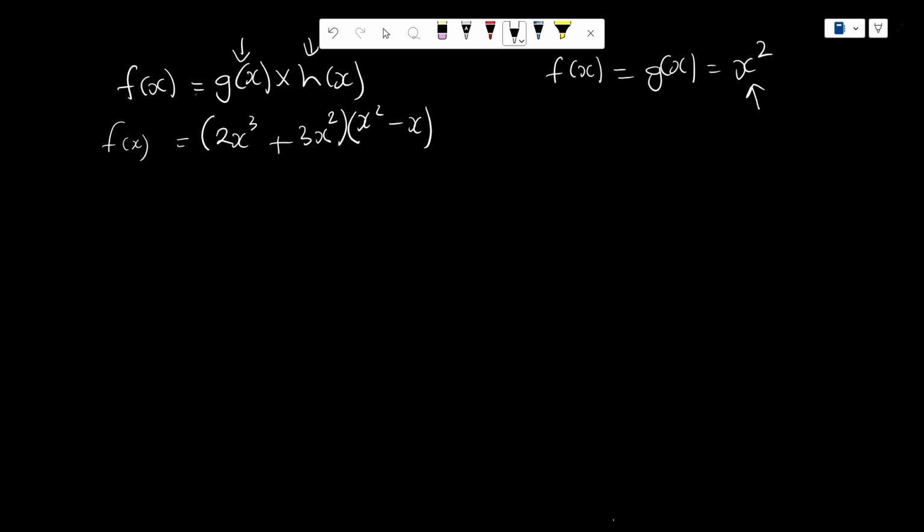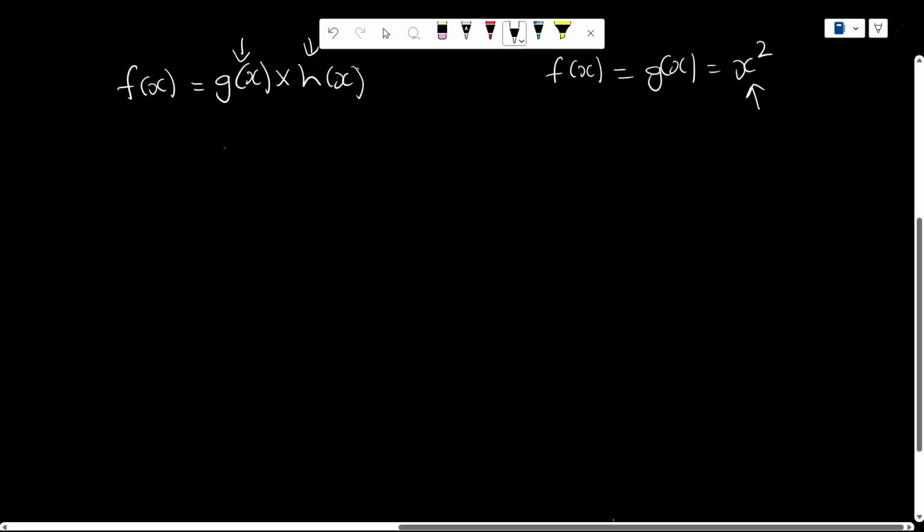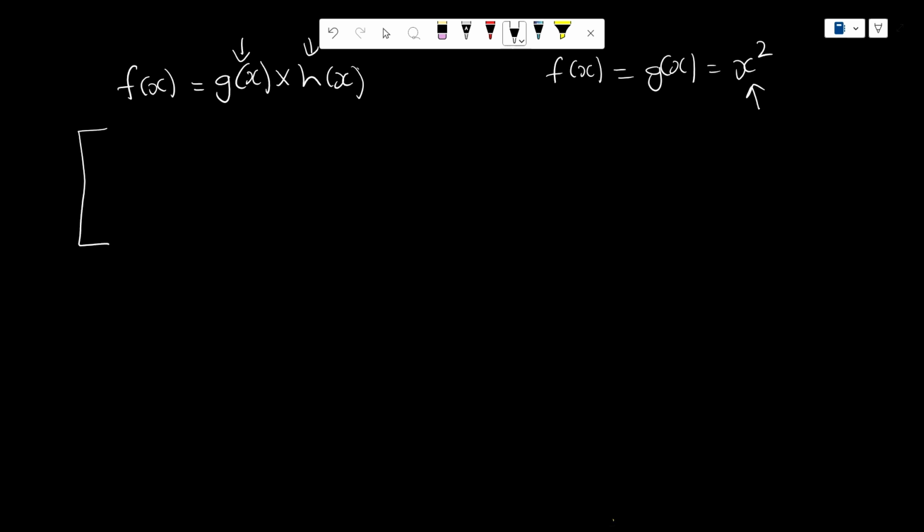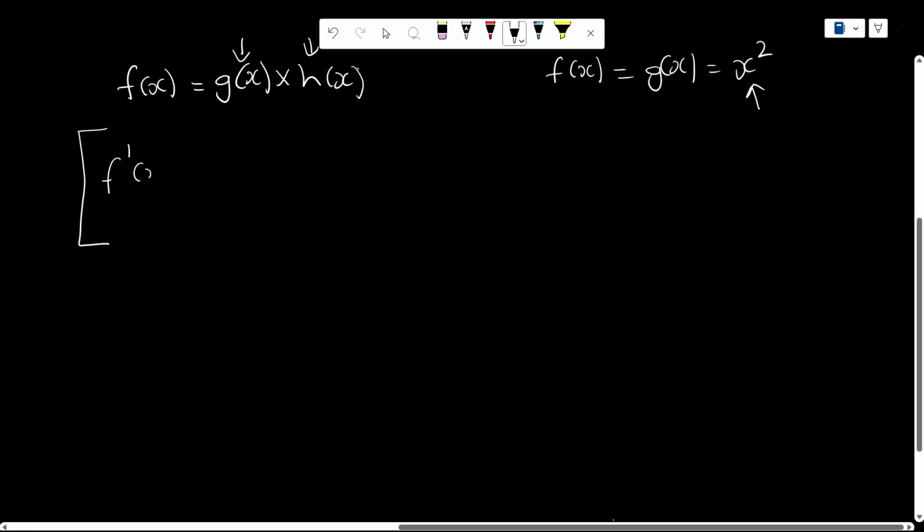Okay, so now we will look at how to differentiate two functions that multiply each other using the product rule. The formula is given as f prime x is equal to the derivative of the first function or the second function, it doesn't matter.